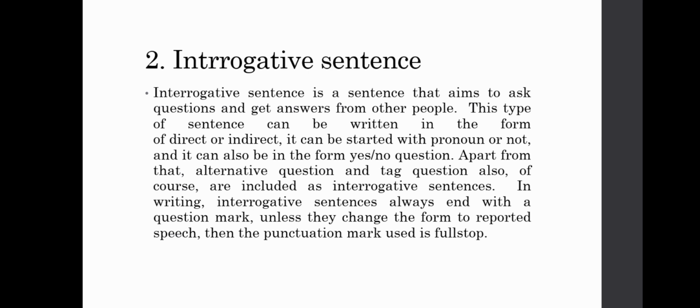Apart from that, alternative questions and tag questions are also included as interrogative sentences. In writing, an interrogative sentence always ends with a question mark, unless it changes to reported speech. Then the punctuation mark used is a full stop.